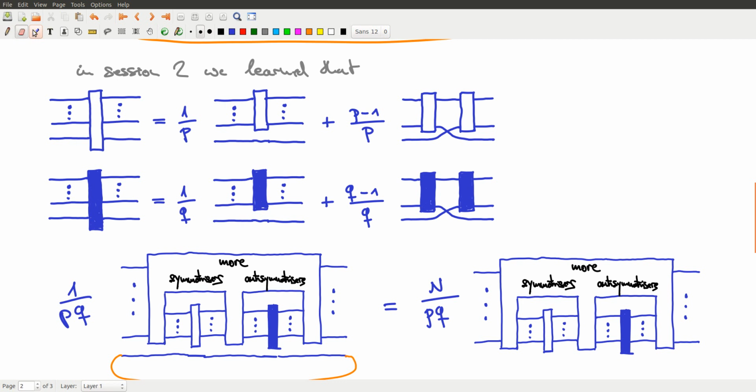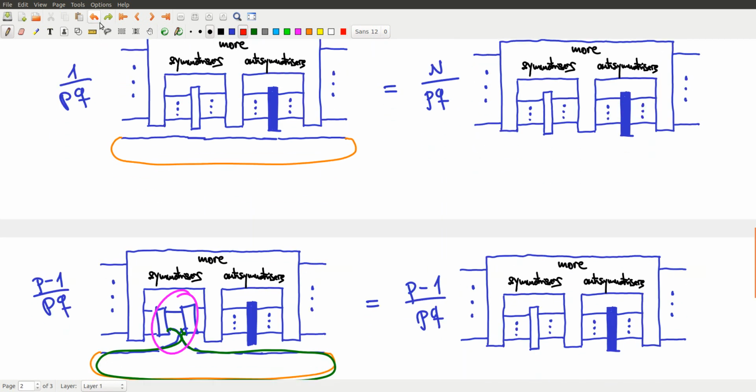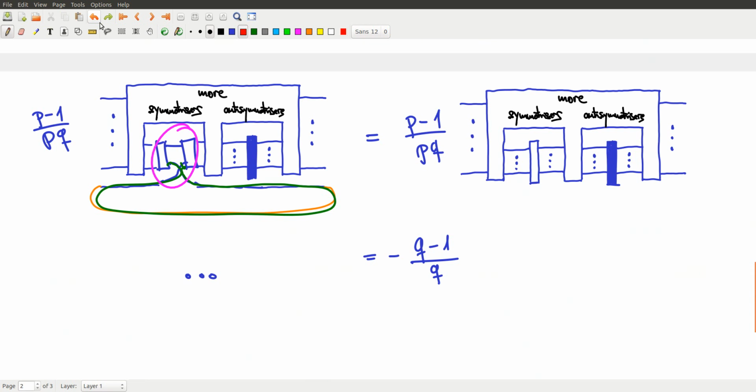The recursion relation for the anti-symmetrizer has a minus sign here, which I wrote wrong in the first place. So it's this minus sign here, which I wrote correctly down there. So we get this, again with the same diagram.